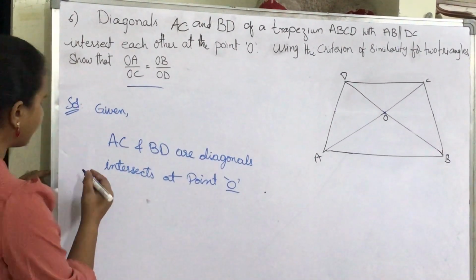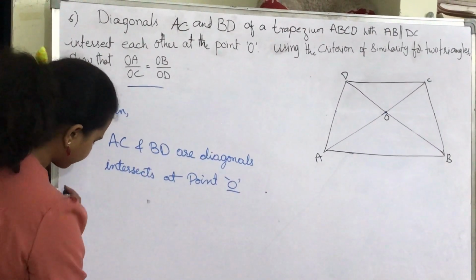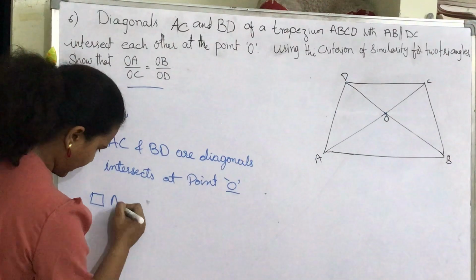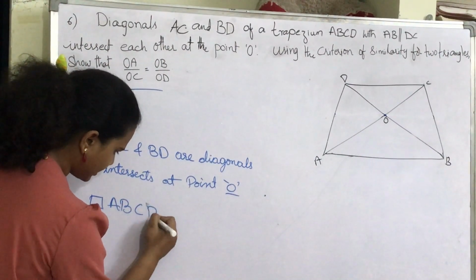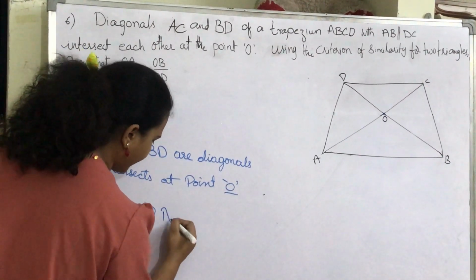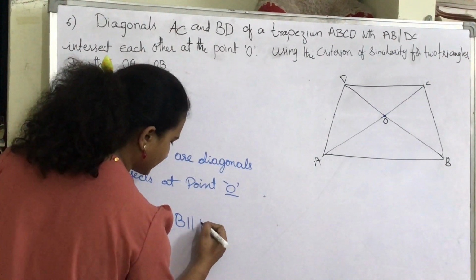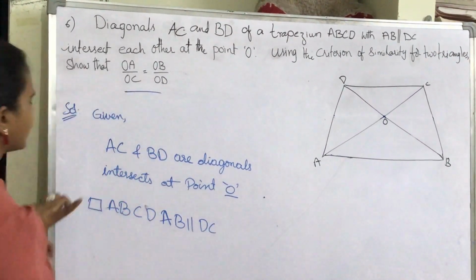And next, you have a trapezium ABCD, where AB is parallel to DC or CD. So this is the given data.